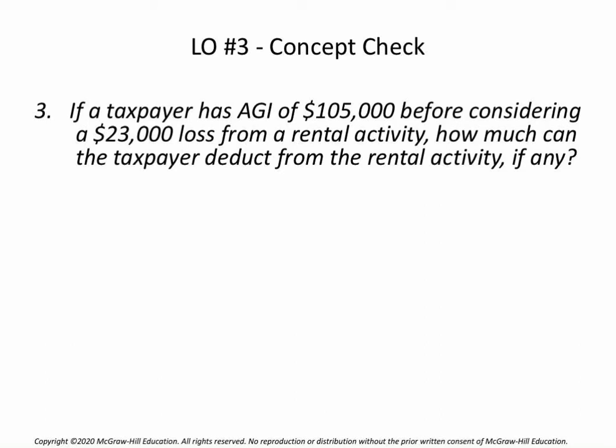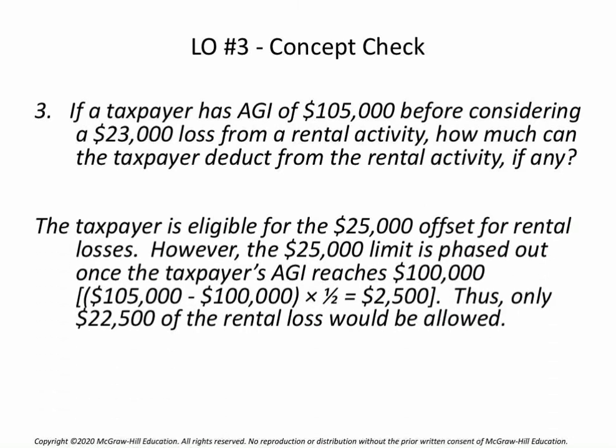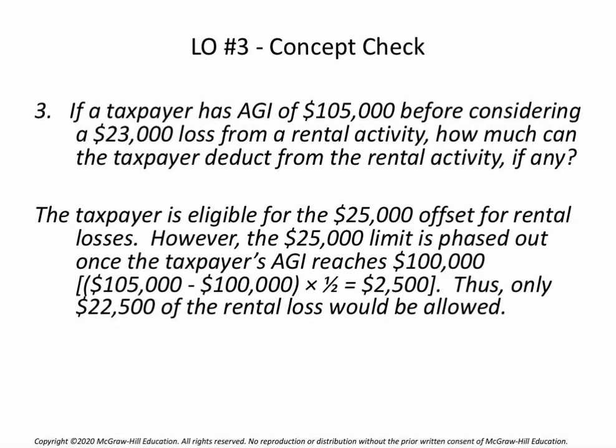We're under that, but there's a phase out that starts at $100,000. So we're going to apply that test and see. So we would phase out the 5,000 would be over, so 50 cents per dollar that we're over, so 2,500 would be disallowed. So instead of the 25,000 would be permitted, we're only permitted 22,500.